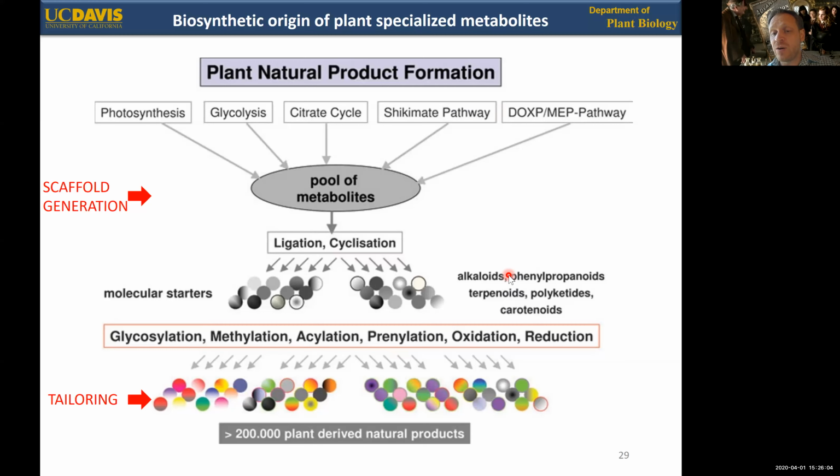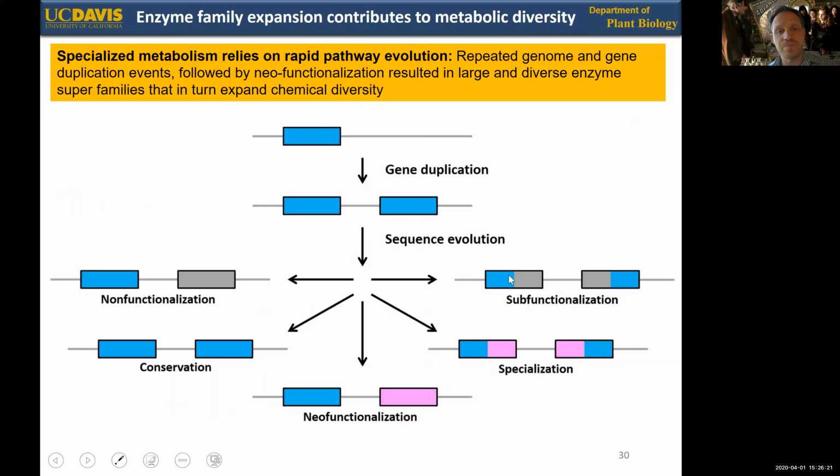Based on this chemical logic, the way that specialized metabolism has really exploded in terms of its evolutionary diversification and structural diversity is by duplicating and modifying genes that are doing especially these tailoring reactions. And so you're probably familiar with this concept, but I want to highlight it given how diverse our group is this year.